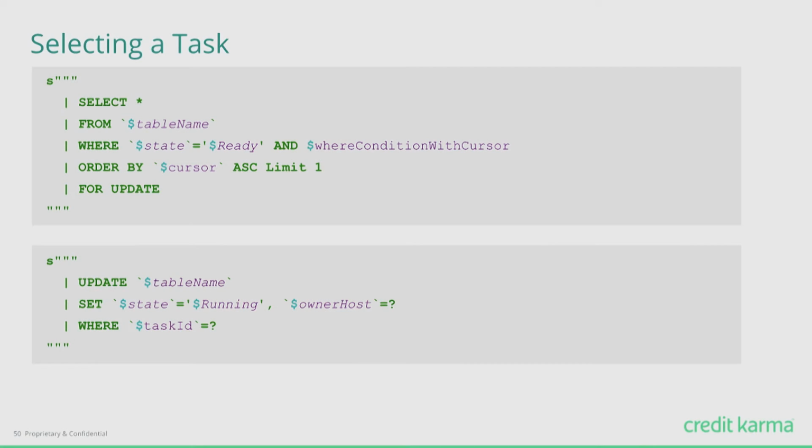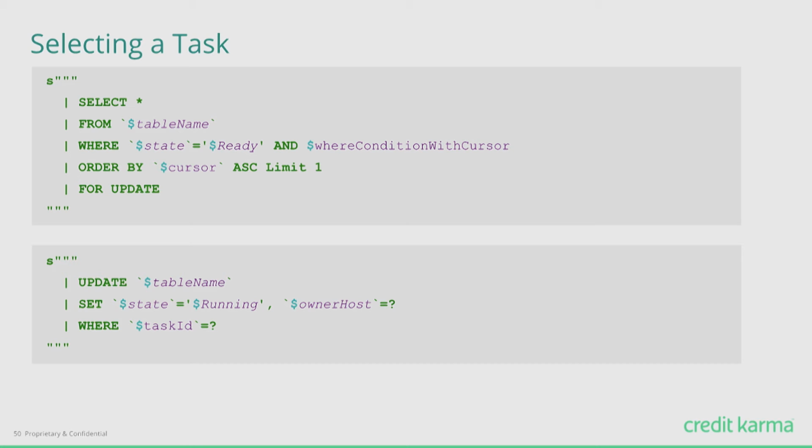So this is how we dequeue. Basically, we use a database table to implement this task queue. And the way to dequeue is simply fetching the next task in the queue where the state is in ready state. And then as soon as the JVM fetches that task, it sets the state to running. All this is done in a single transaction.